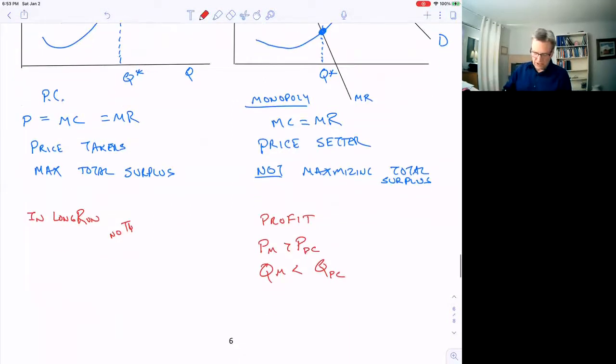In perfect competition, in the long run, price will be equal to marginal cost, which will be equal to average total cost. The price will be at the bottom of the average total cost curve. But under monopoly, the price will be greater than the marginal cost of producing something.